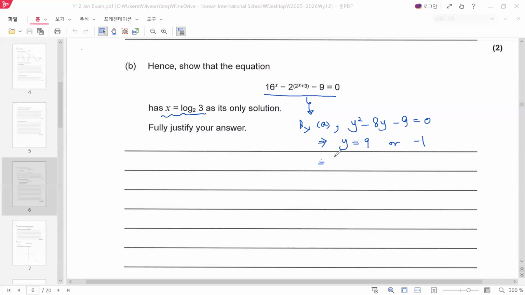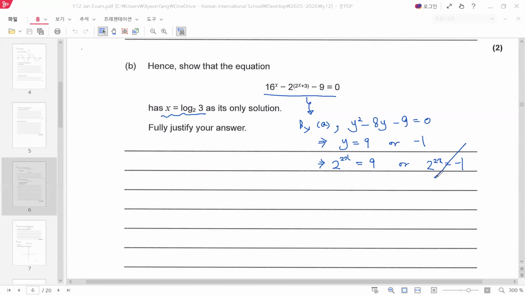Then let's go back to the original shape of y. y was substituted with 2 to the power of 2x. Do you remember? You can just use it from A. Even though you failed to solve question A, you can still use it. So 2 to the power of 2x equals 9, or 2 to the power of 2x equals negative 1.